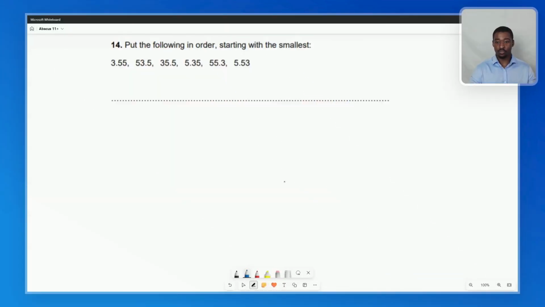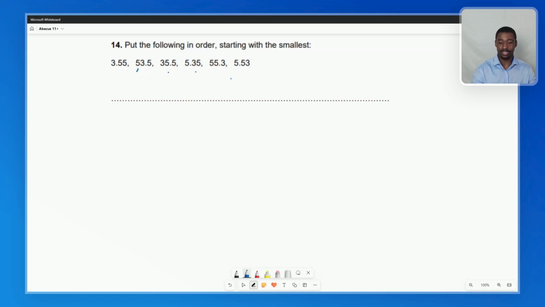Okay, so now we have to put the following in order, starting with the smallest. And again, we're going to draw upon our knowledge from the decimals questions beforehand. Different columns, tenths, hundredths, thousandths, so on and so forth. So here, starting with the smallest, well, we're going to start by assessing the tens column, because all these numbers don't go past the tens column, not tenths, tens.